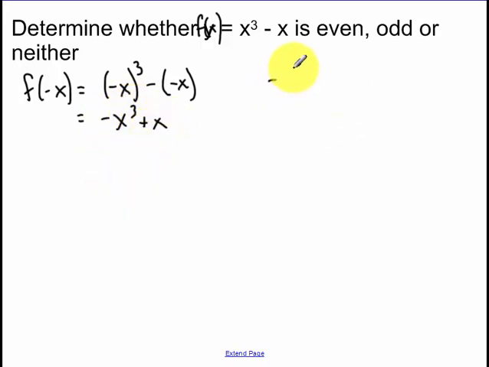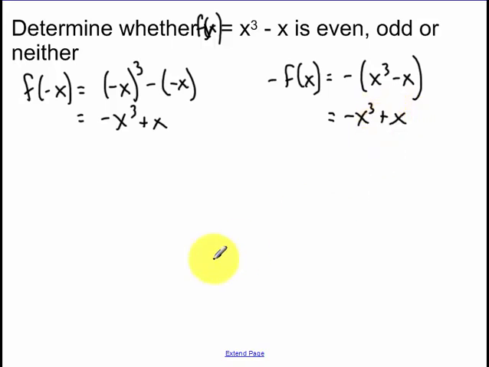Now let's figure out what negative f of x is. Okay, I knew it wasn't even because I didn't get back the original function. But if f of -x equals negative f of x, then our function is going to be odd. So then what I do is I simplify, I distribute that negative through, and I've distributed correctly.